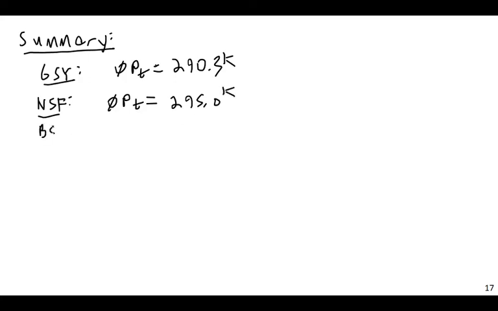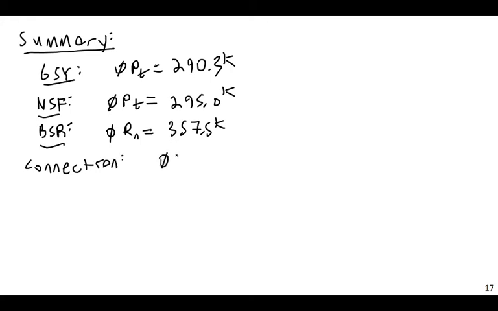Block shear rupture, phi Rn in this case, is equal to 357.5 kips, and the connection, phi Rn, is equal to 175 or 176.2 kips. And this one will control.